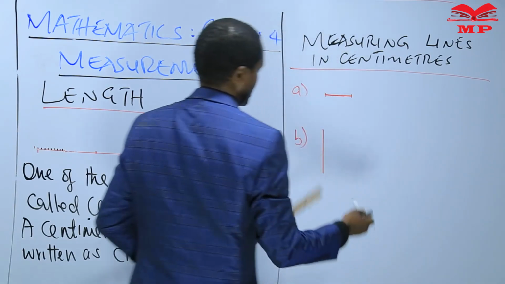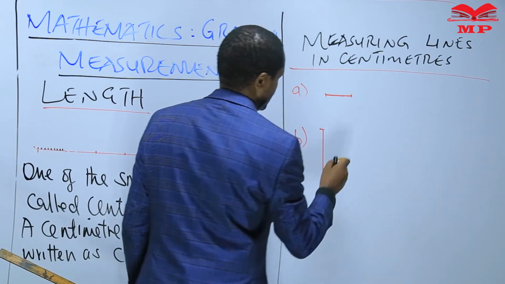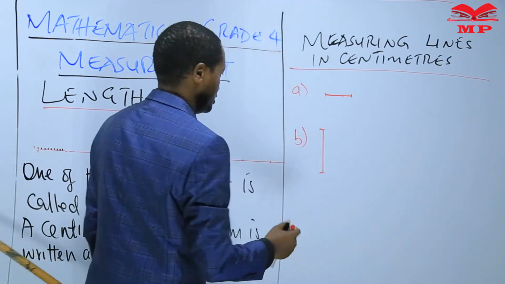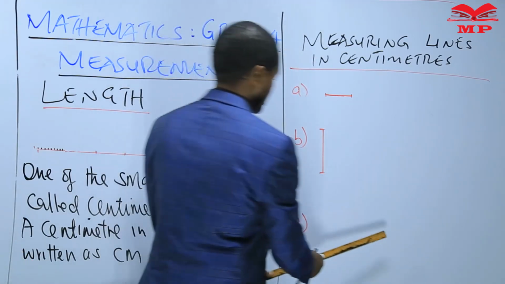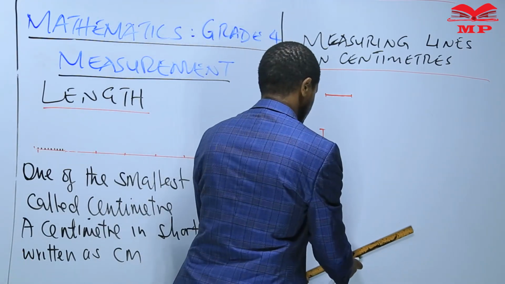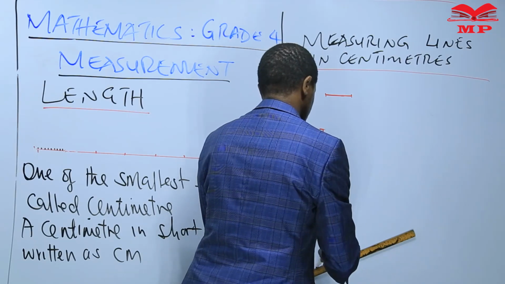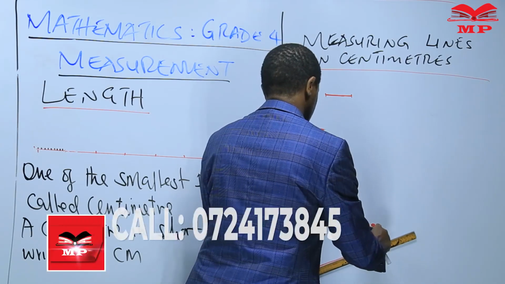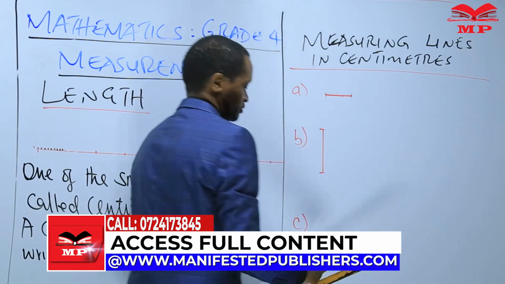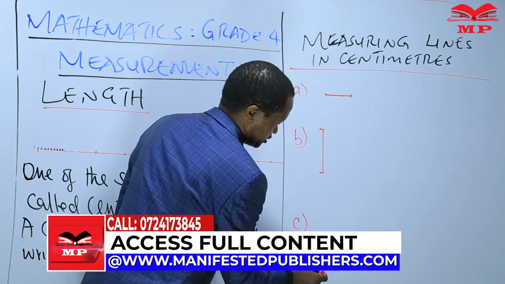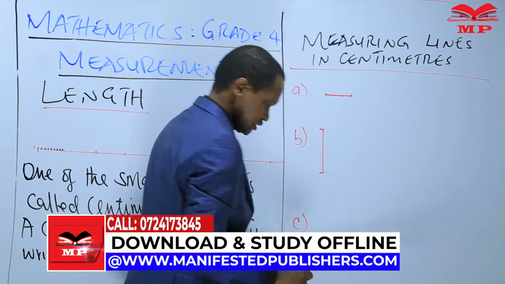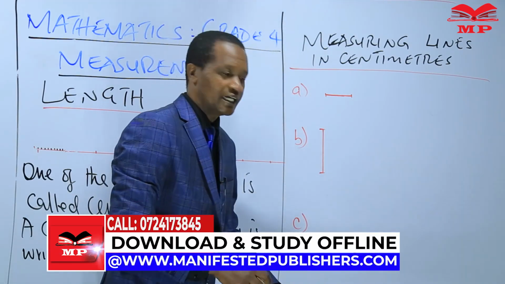Then C, I will measure this line from this point to this point. You can see, learners, these are short lengths.